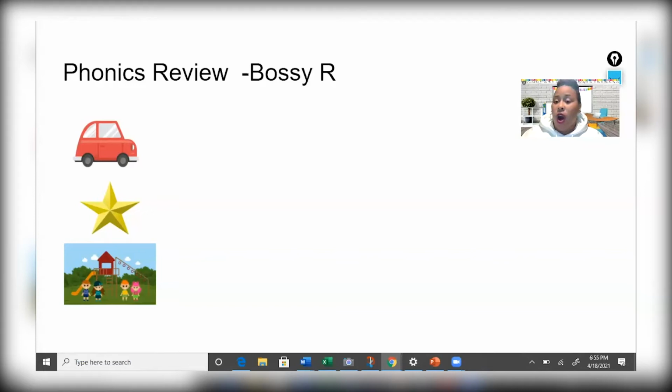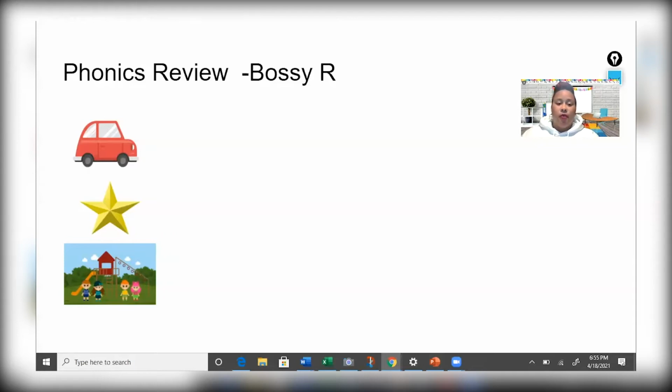When A and R get together, it makes a R sound. What sound does it make? Yes, R. The A doesn't get to do any talking. That bossy R takes over and says his name.